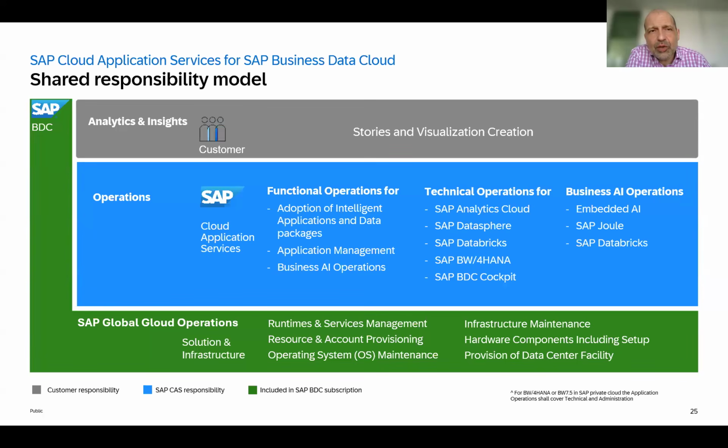And then, of course, on top in the gray area, this is the customer's typical area of action to create stories, to do visualization and so on. But in between, you have to do some operation tasks. And here, as already shown in the last slide, this is the area where then Cloud Application Services closes the gap between the end users on the analytics side and the infrastructure team.